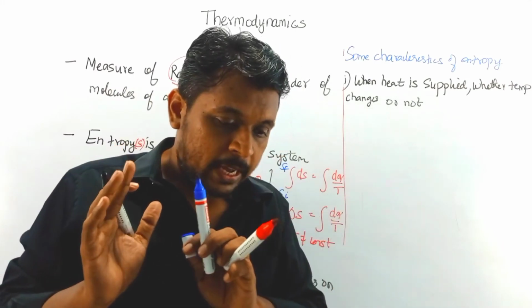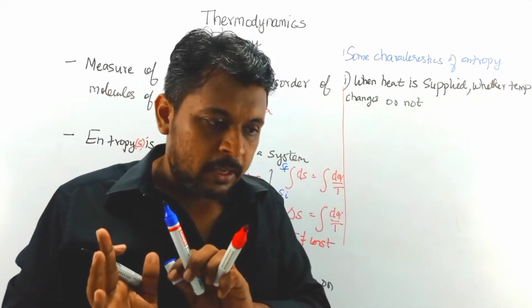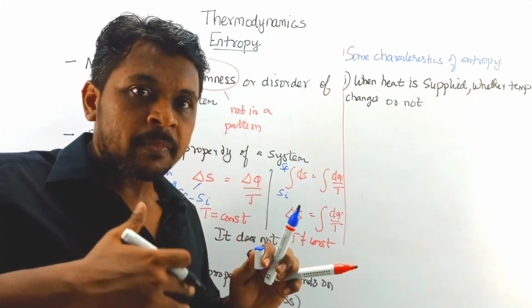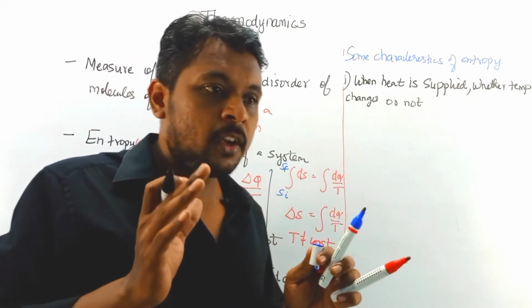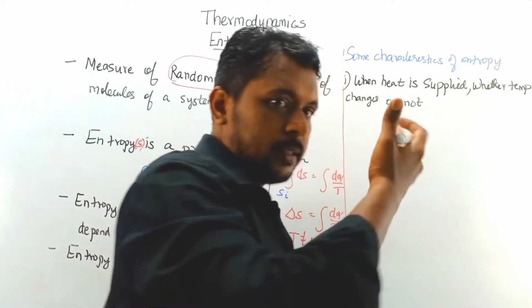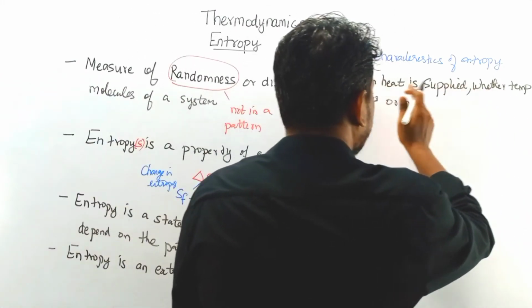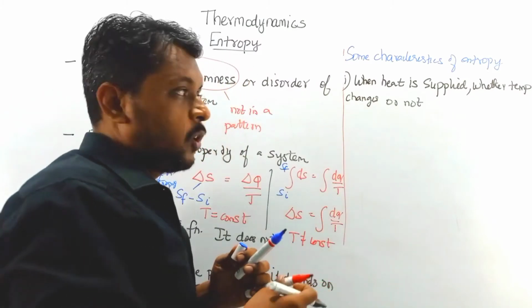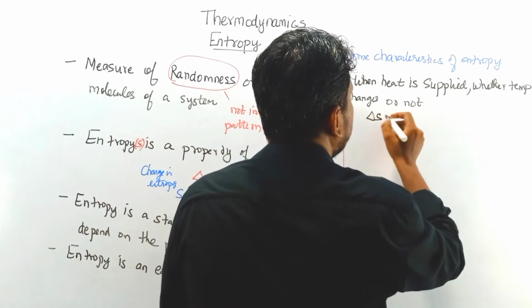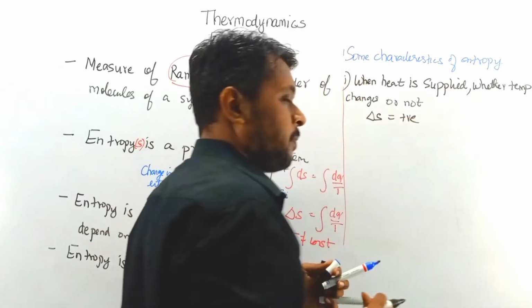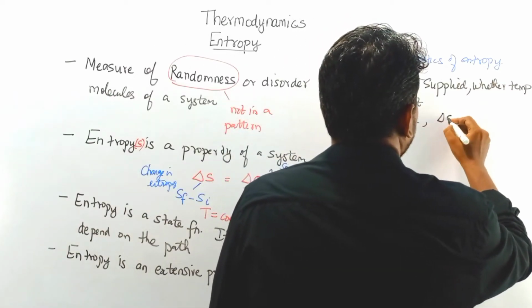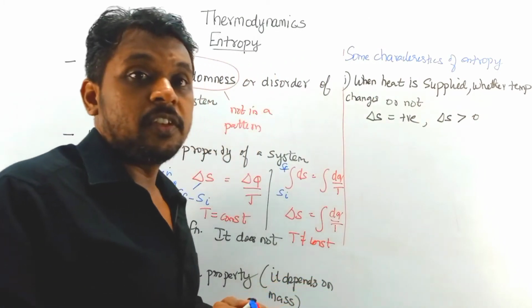In some situations, like ice melting to water, when there is a change of latent heat, the latent heat of fusion or latent heat of melting, here we see that there is only latent heat, there is no change of temperature. So in such cases, whether there is a temperature change or not, when heat is supplied, the change in entropy is positive, or we can say that delta S is greater than 0.